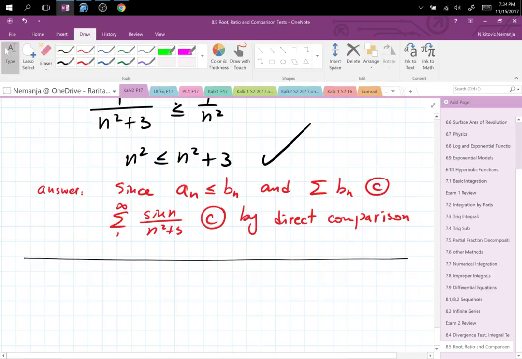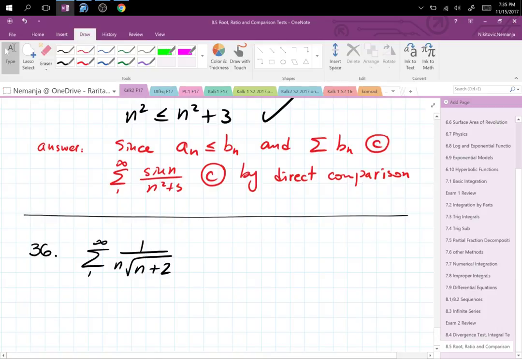Let's try with 36. Most of these are actually limit, so if it doesn't work, we'll just switch to limit. Summation 1 to infinity, changing all case to n's because it's easier to write, 1 over n square root of n plus 2. All right.